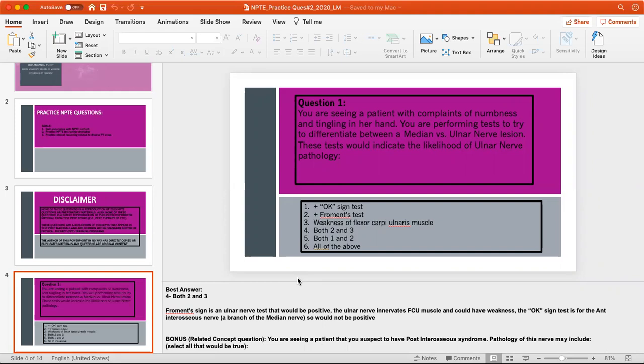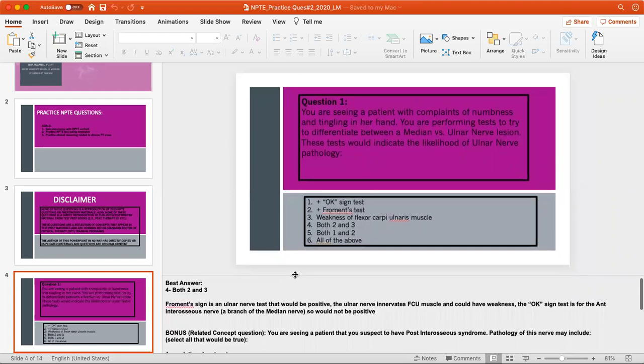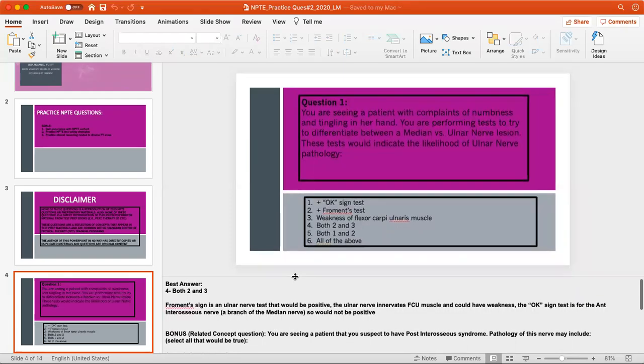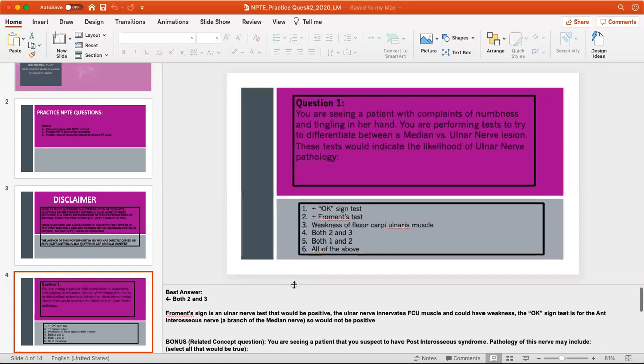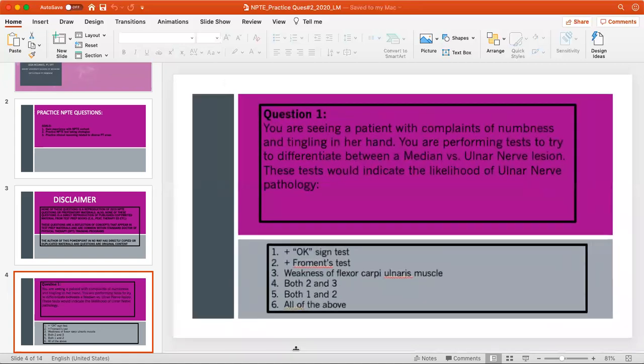And so pathology of posterior interosseous could include, and you can think about the deficits that might be true for that. So I'm going to let you go through on your own and have the bonus of having this question to kind of puzzle through, but that's what we're getting at with posterior interosseous nerve. We're talking about a branch of the radial nerve. Okay.